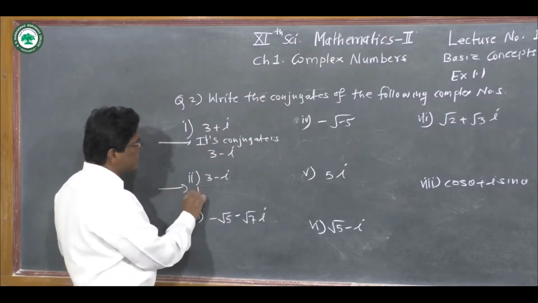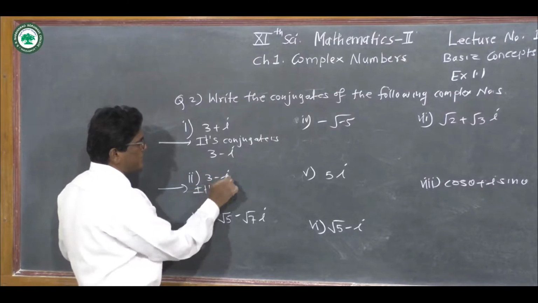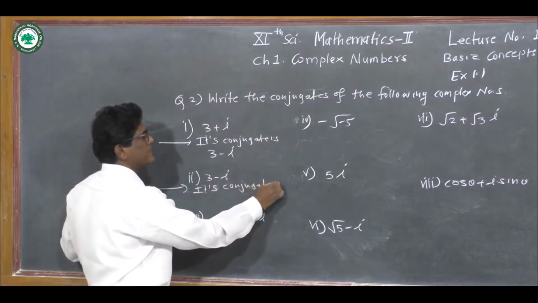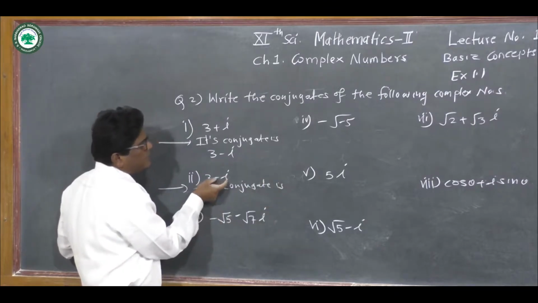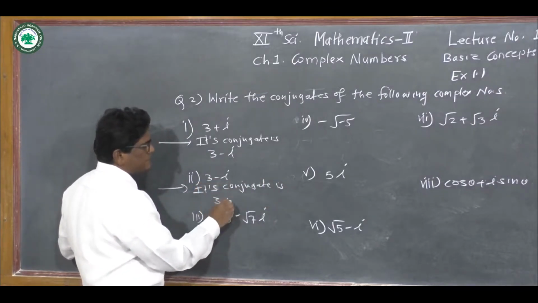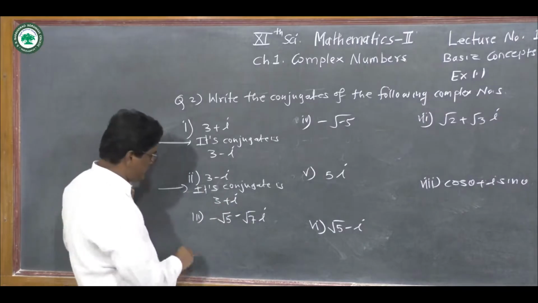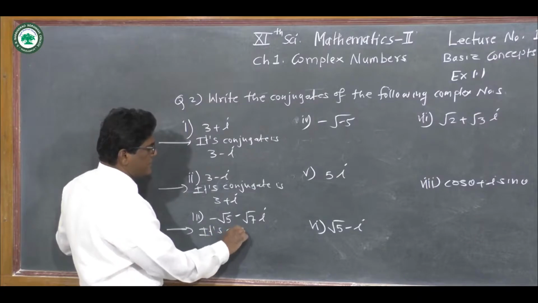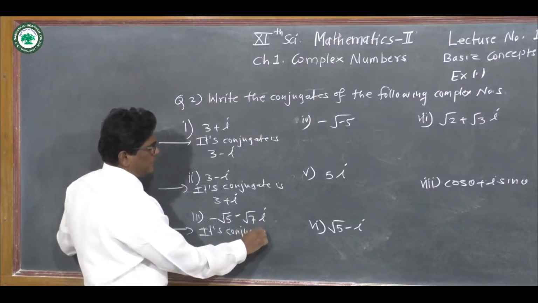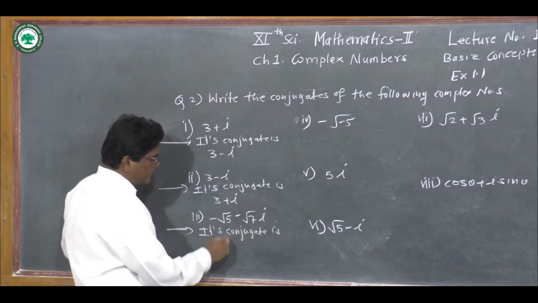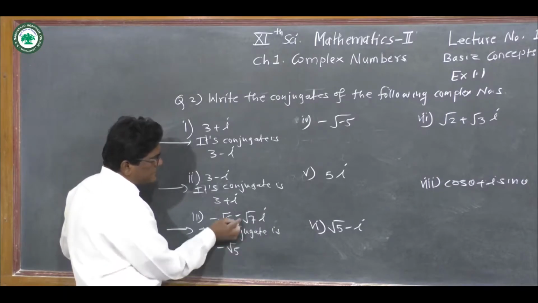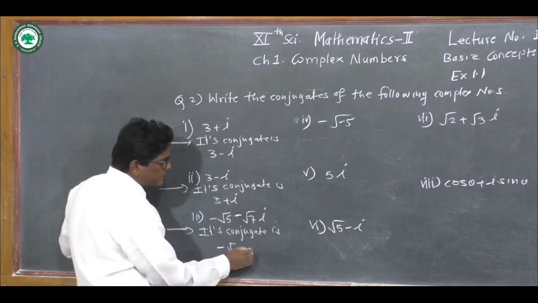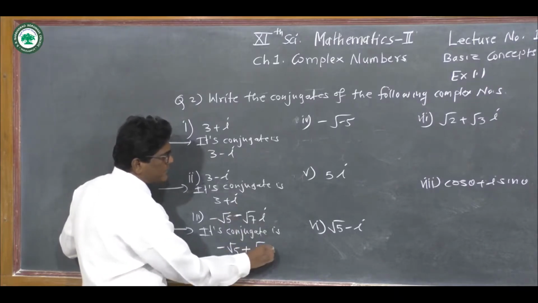For the next, change the sign of i, here minus i, so 3 plus i. This is the conjugate. Here its conjugate is minus root 5 as it is. This minus becomes plus. We have to change the sign of the imaginary part, so plus root 7i.